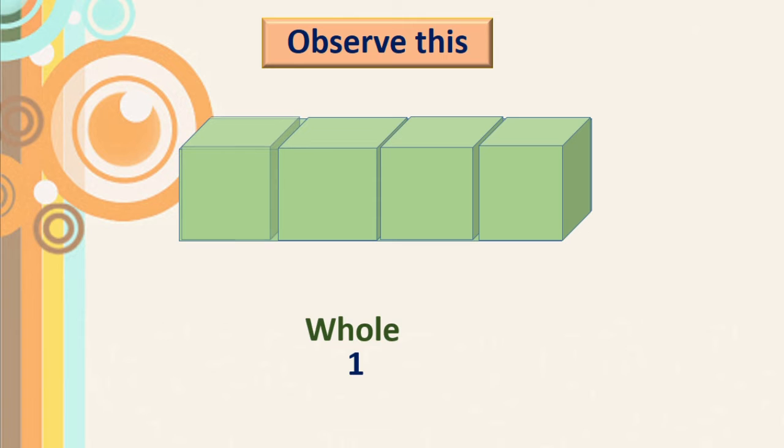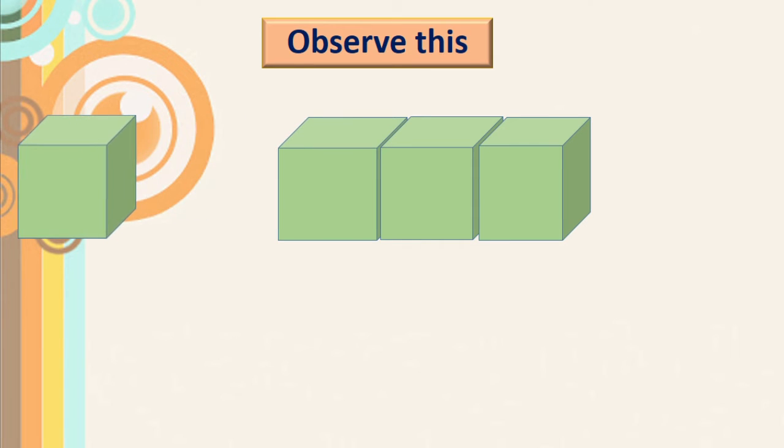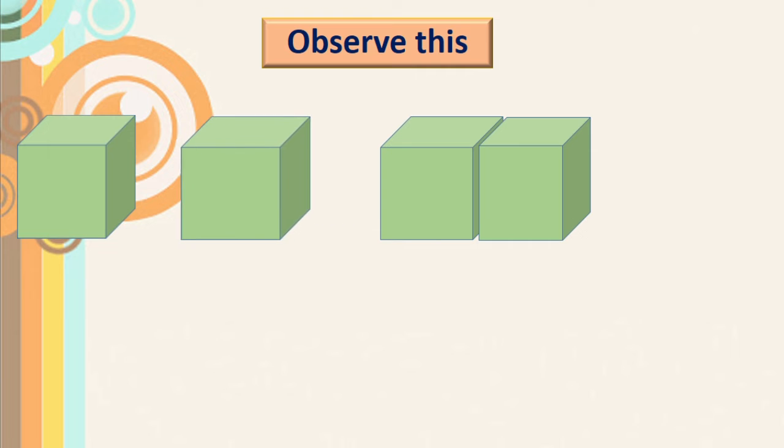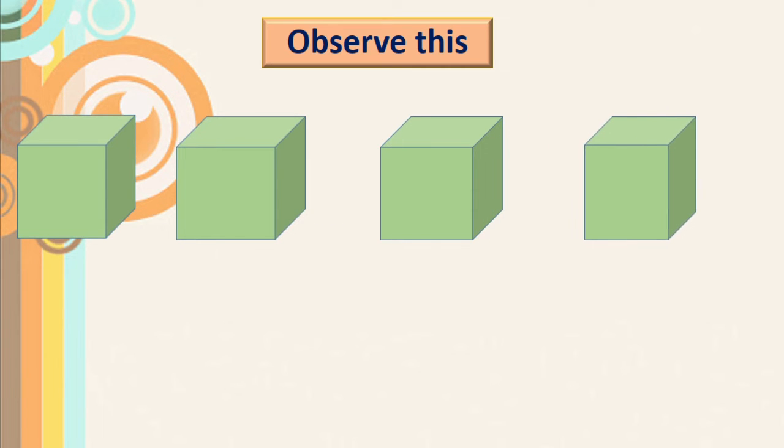Yes, we will separate them, then you can see them easily. Got this? Now see the first box, second, third and fourth. Means what we did here? We cut this wooden box into 4 equal parts.